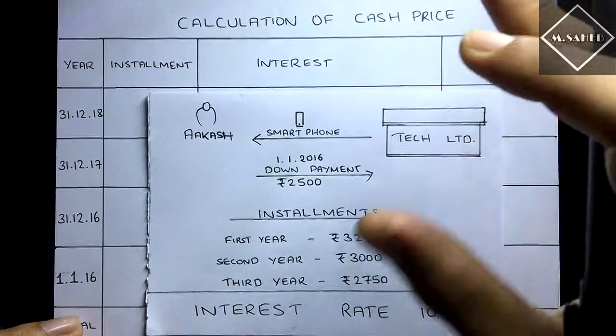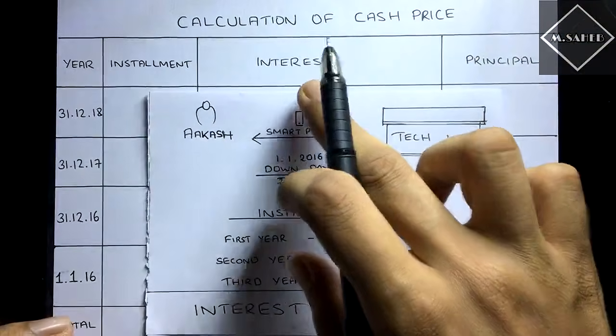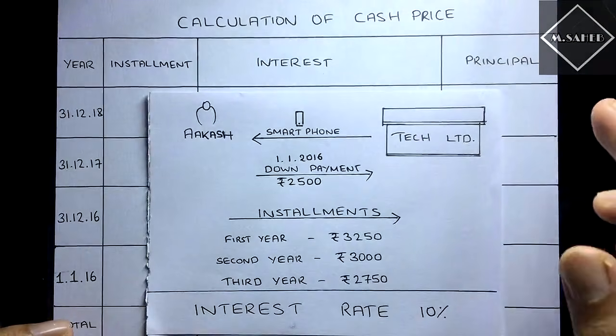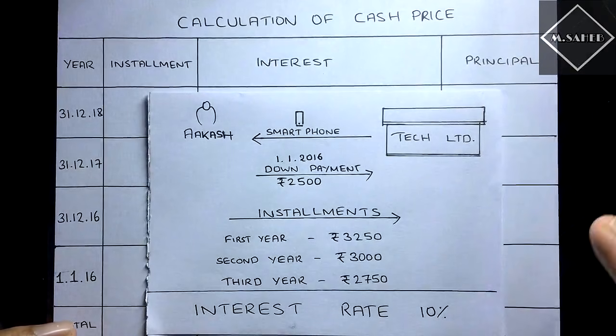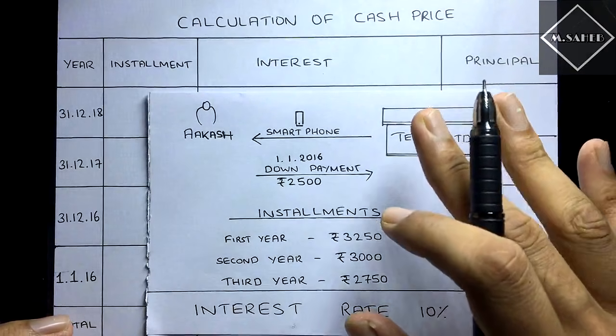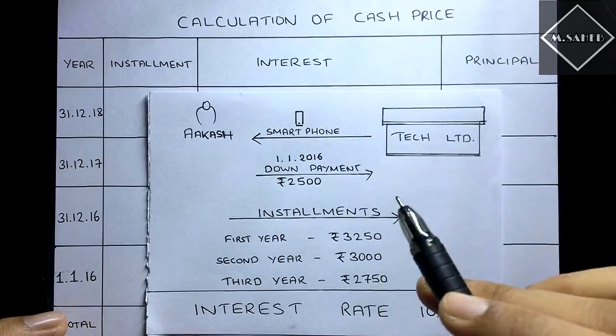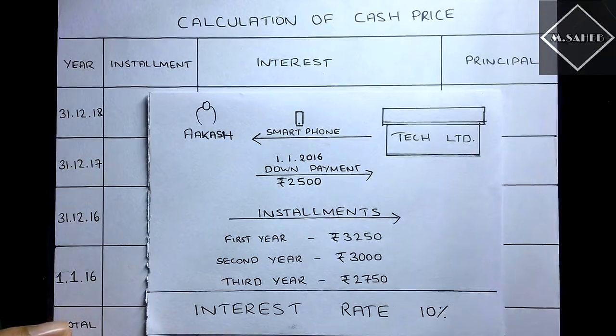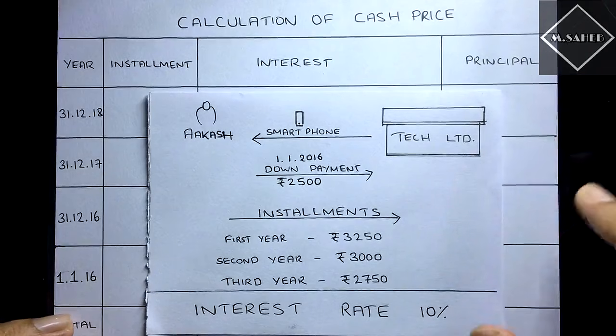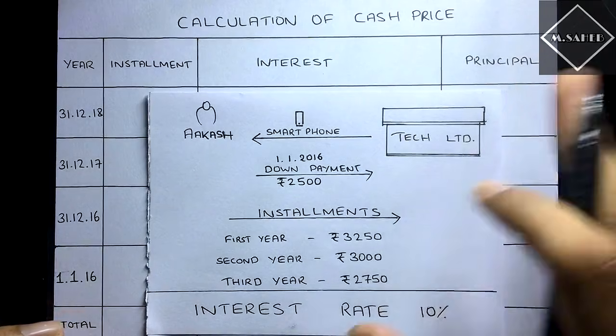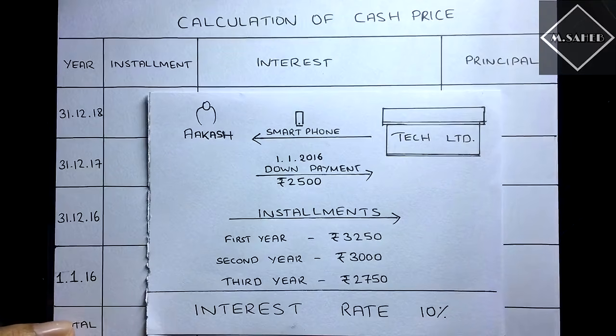So here we have the installment column, year column, interest and principal, and one more column is missing, that is the depreciation column. In this question there is no depreciation, so I have not taken the depreciation column, but if in your question there is depreciation, then you have to make another column, the depreciation column, and calculate the depreciation at last. But here depreciation is not there, so I have not taken it.